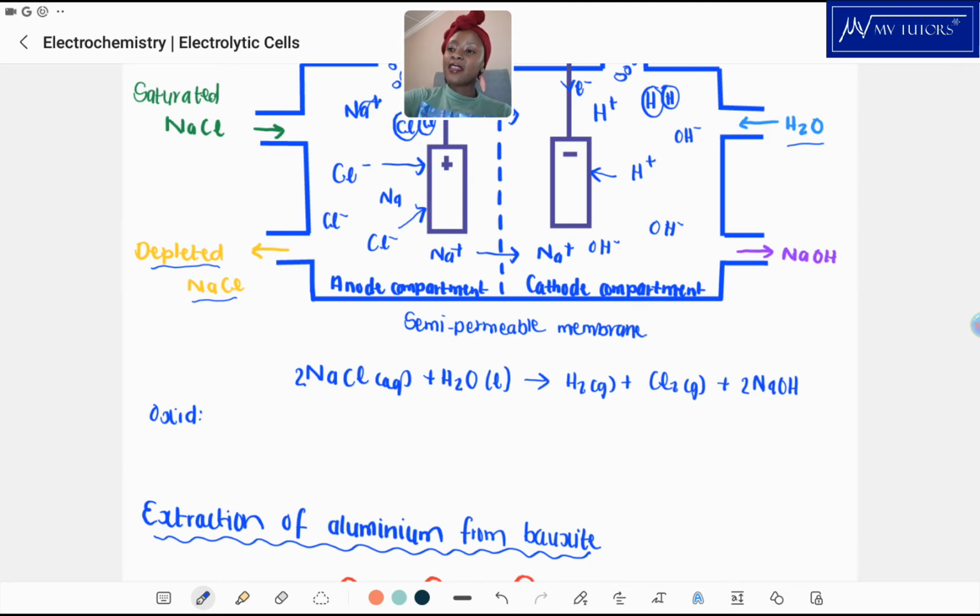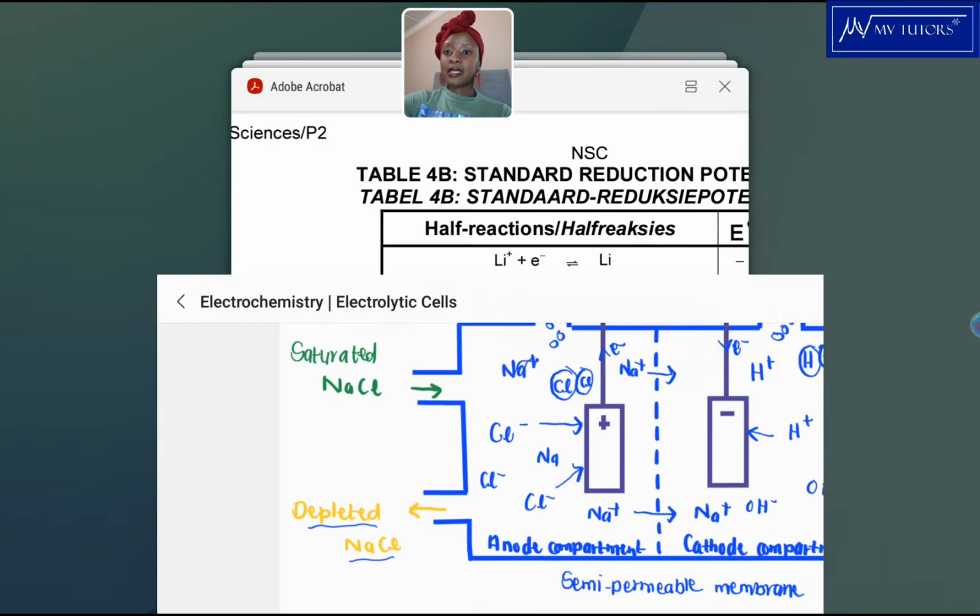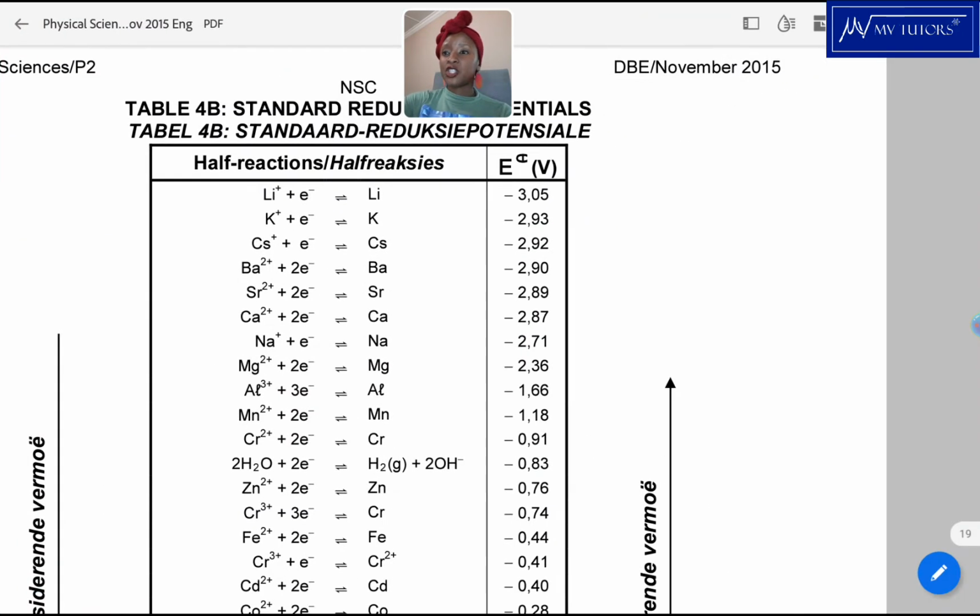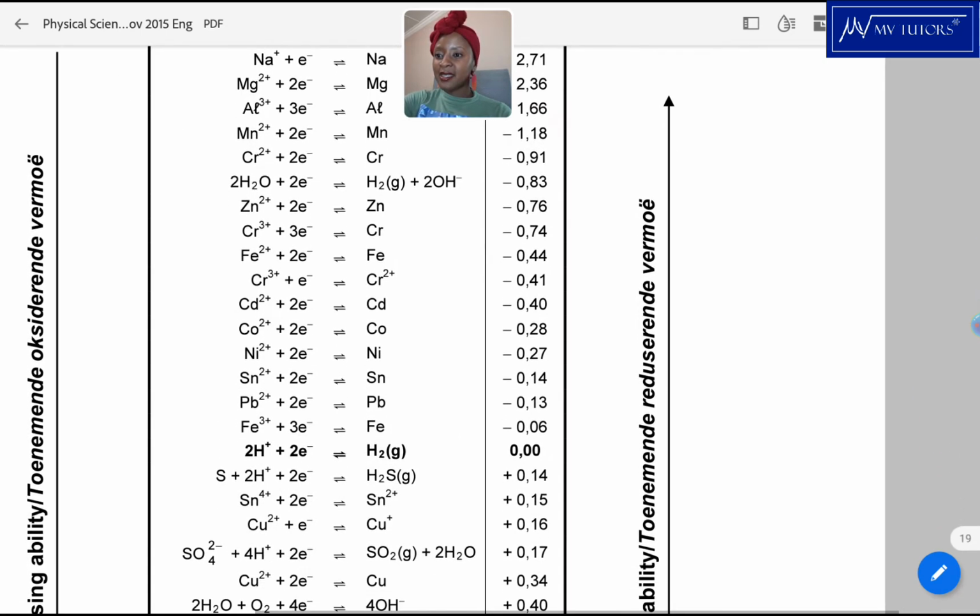And then there at the cathode where reduction occurred, we had hydrogen being reduced to hydrogen gas. So we're going to go look for those in the table of standard reduction potentials. Okay, so chlorine, let us see, where is chlorine?